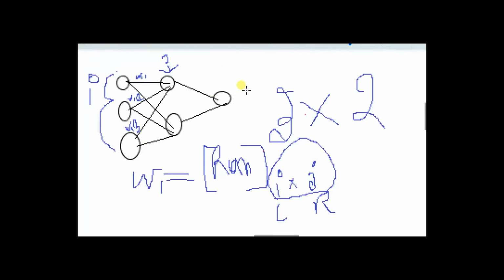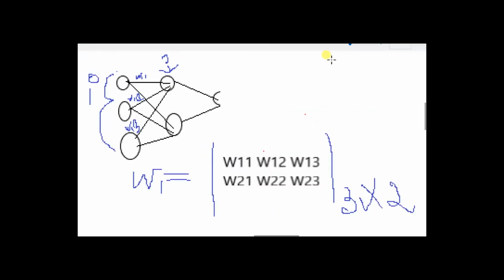So how can we write that? For the sake of simplicity I will redraw it and rewrite from that. Now we can write W equals w11, and w11 is this connection; the first index comes from the first output node.